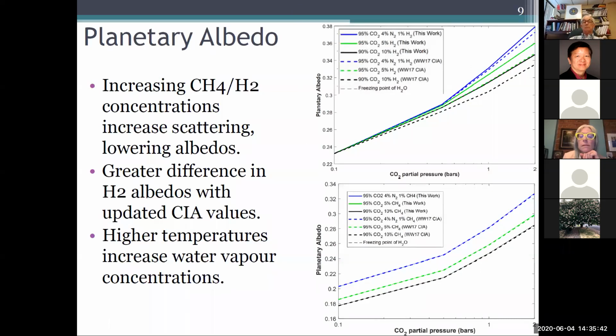Comparing the Wordsworth absorption cross-section values to our updated ones, for hydrogen, there is an effect on the planetary albedo. There really isn't one with methane. The reason for this being, because we saw on the previous slide, methane doesn't really achieve significant warming, but because hydrogen does make things warmer, that will in turn increase the amount of water vapor, which will have an impact on the planetary albedo. Next slide.